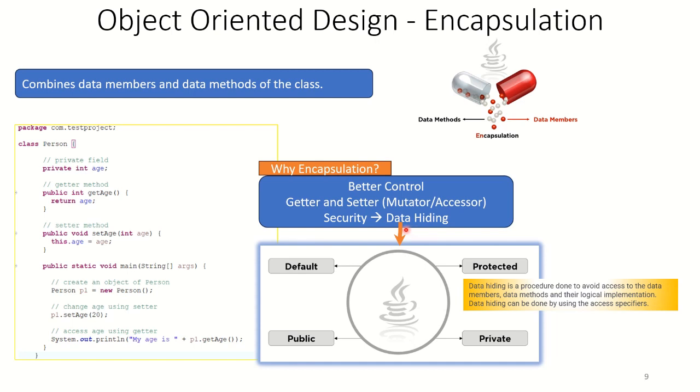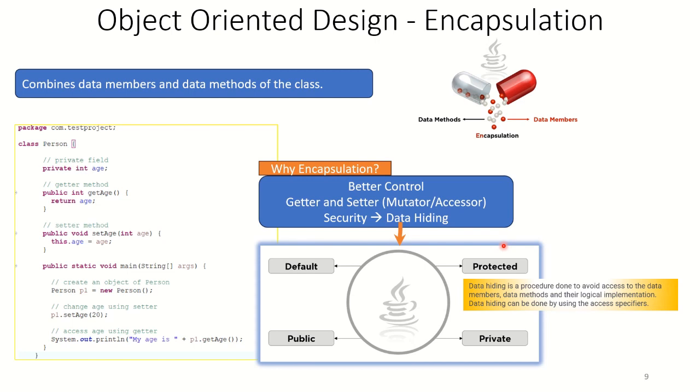Now, the data security is accomplished in two steps. In the first step, we specify the access modifier such as public, private, protected, or default to the data members. In the second step, we provide public get and set functions to access or modify the data.